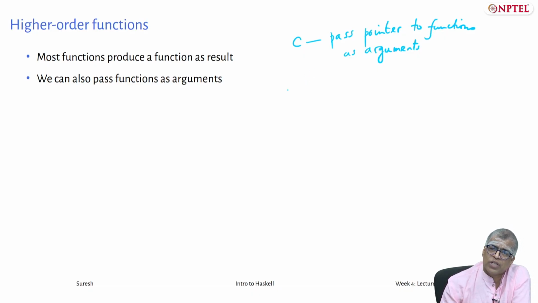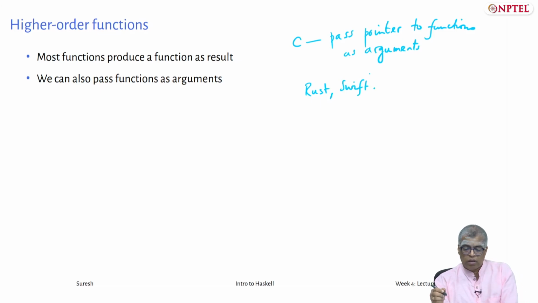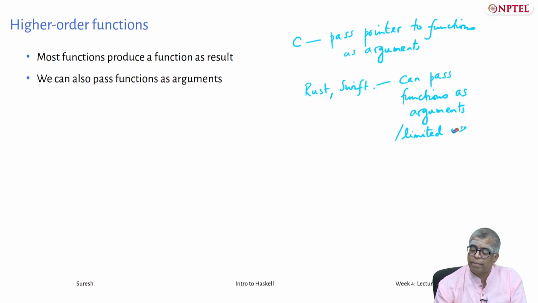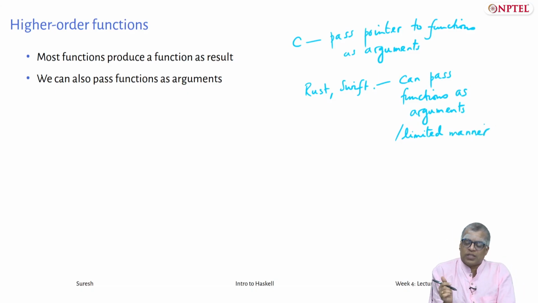You can pass functions as arguments, and you will find it in most modern languages, Rust, Swift, etc. Let me just say limited use case, in a limited manner, let's say. Okay, but let's come back to Haskell.